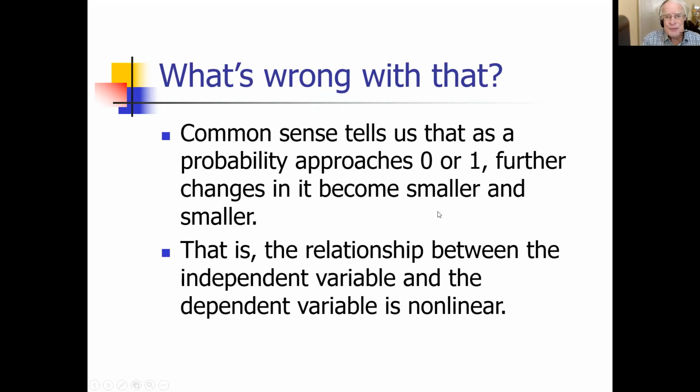But this is counterintuitive because we would assume that as the probability approaches either one of its bounds, further changes become smaller and smaller. That is, we have a nonlinear relationship between the right-hand side variable and the left-hand side variable.